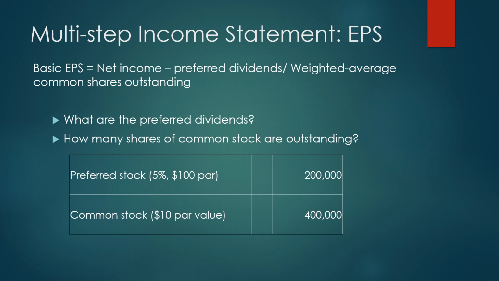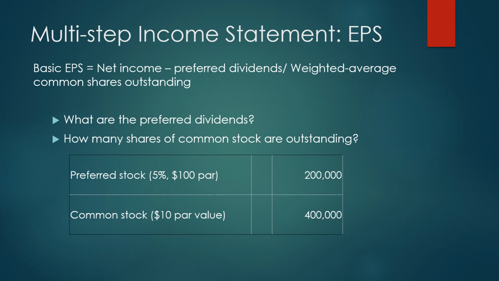Some companies don't have preferred stock, so we want to look at our adjusted trial balance, and we can see that we do have preferred stock outstanding in addition to the common stock.